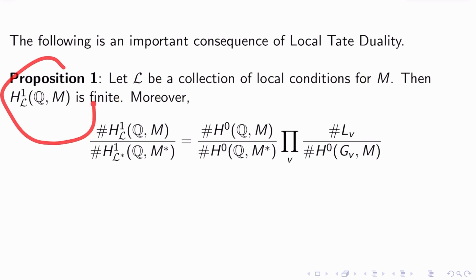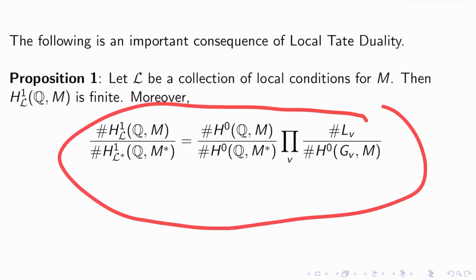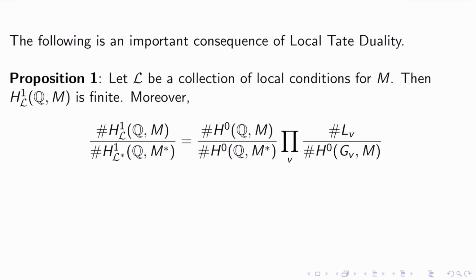Then, the cohomology group H^1_L(Q, M) is actually finite. And moreover, we have a very potent formula that relates a bunch of different sizes of cohomology groups together. Here's what it says.